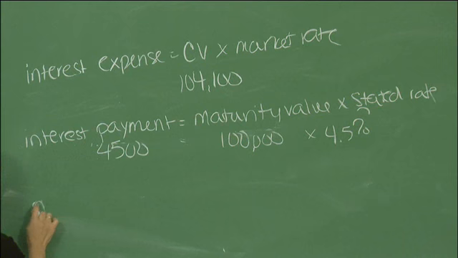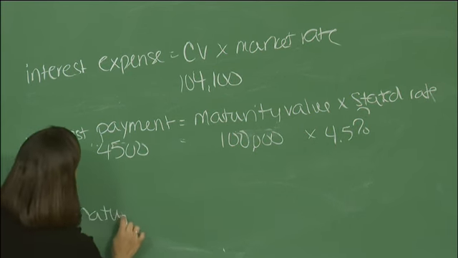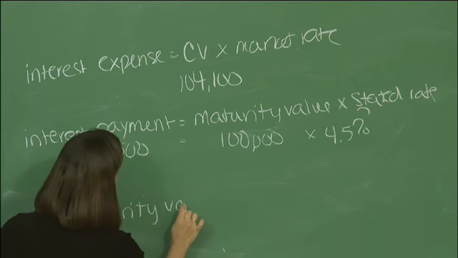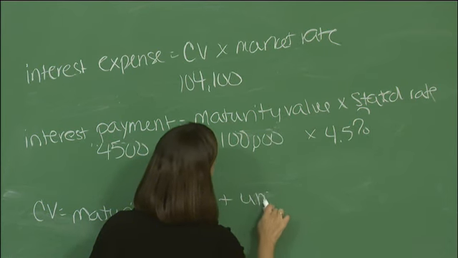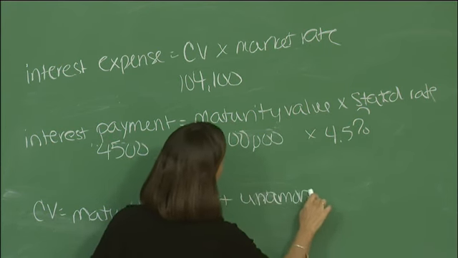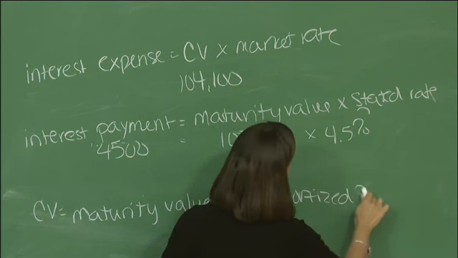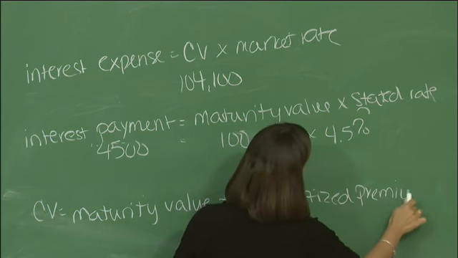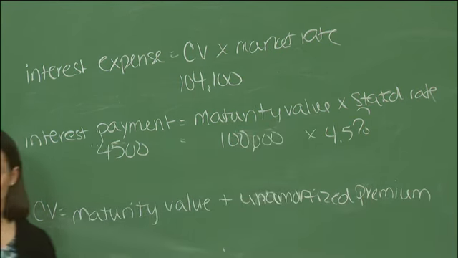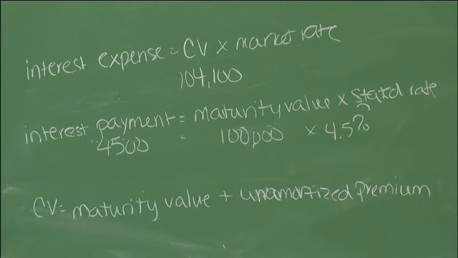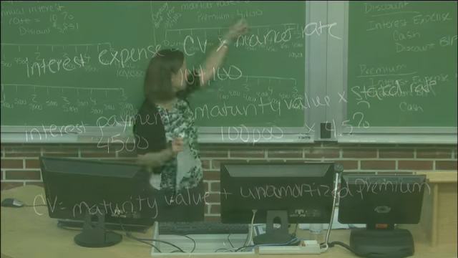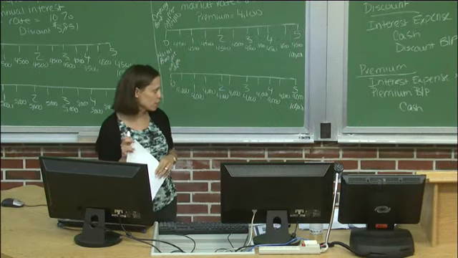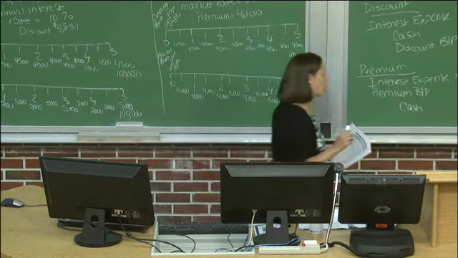Remember what the carrying value of a bond is in the case of a premium: the maturity value plus any unamortized premium. So for the first interest period, maturity value is $100,000. We haven't amortized any of the premium yet, so the unamortized premium is $4,100. So carrying value is $104,100.